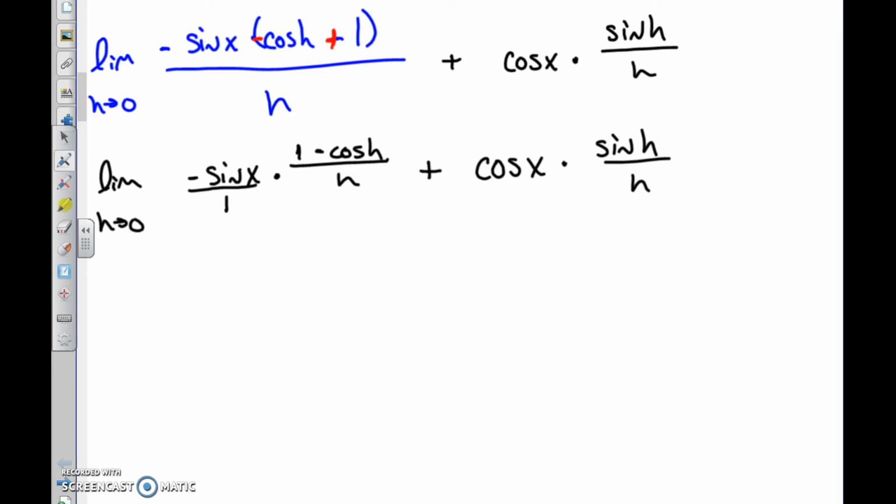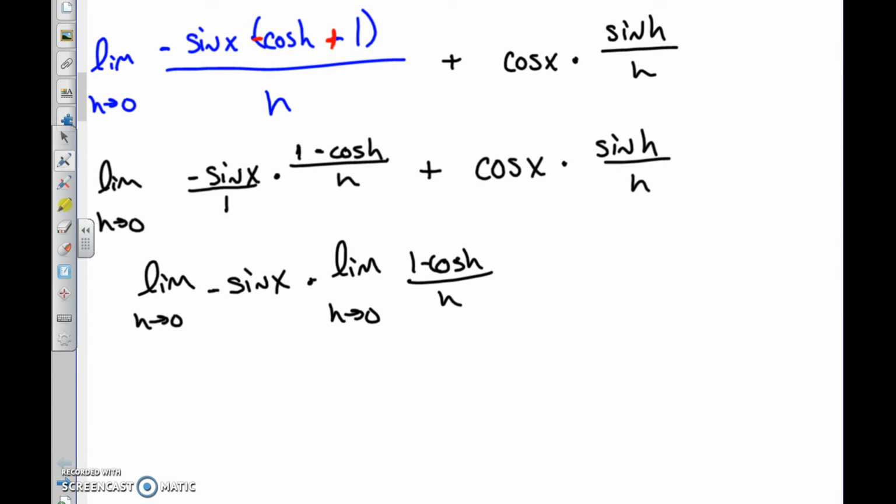And if you can't see it, this would actually just be the limit as h approaches 0 of negative sine of x, and then times the limit as h approaches 0 of 1 minus cosine of h over h, plus the limit as h approaches 0 of cosine of x times the limit as h approaches 0 of sine of h over h.